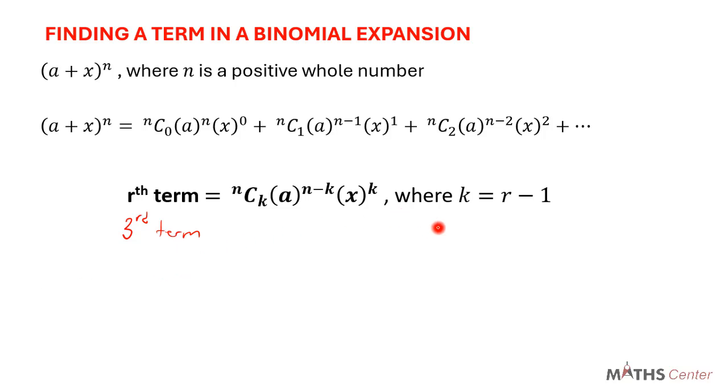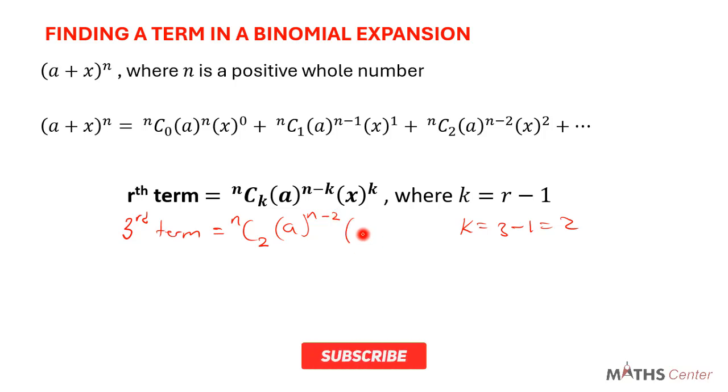If you want to find the third term, then it means that r is 3. And if r is 3, then k will be equal to 3 minus 1, which is 2. So here the third term will be nC2 a^(n-2) x^2, with k now 2 in each place.